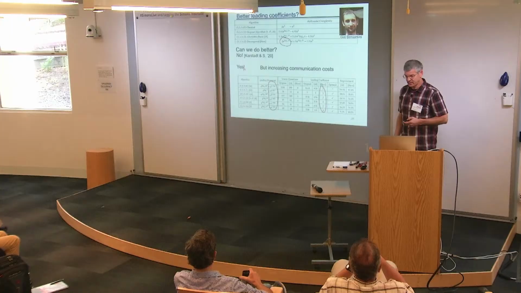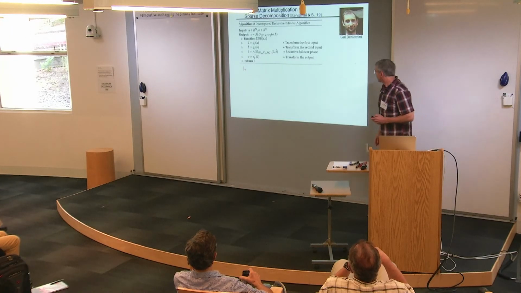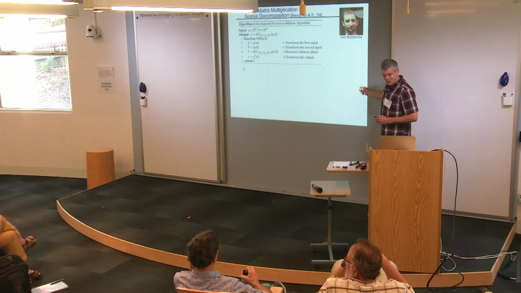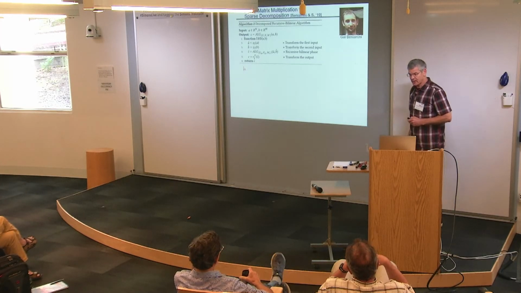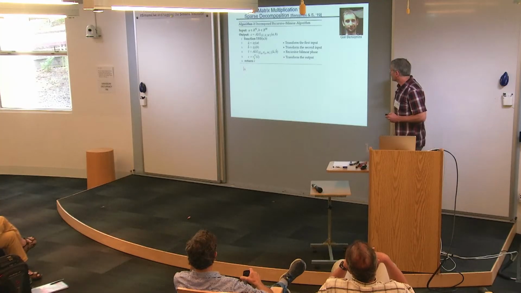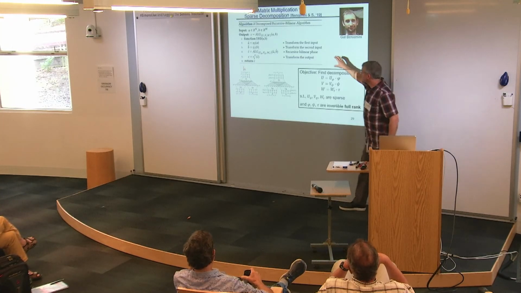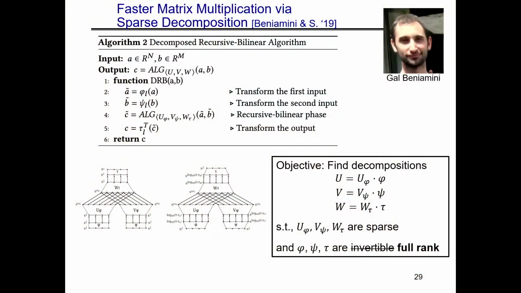Let me show the result, and that will explain what we assumed. The algorithm looks almost the same as the algorithmic tool, with the exception that rather than changing a basis, we do a decomposition so that the transformation matrix is full rank.